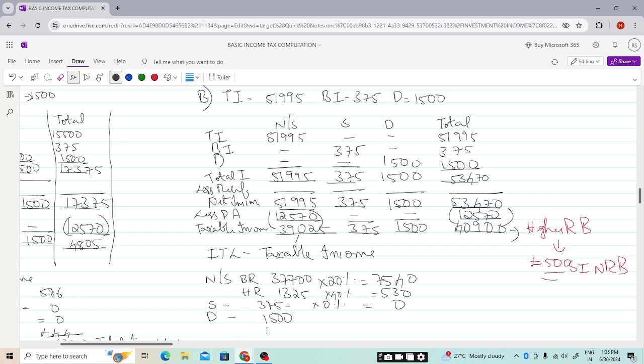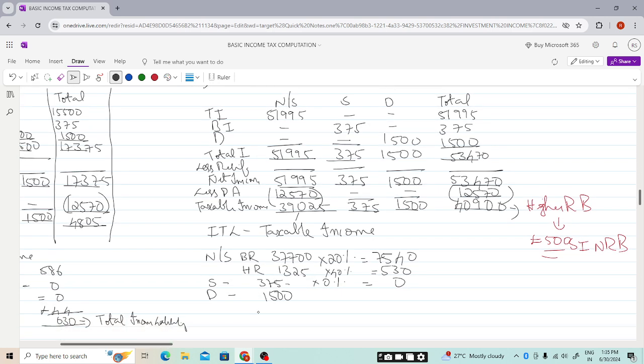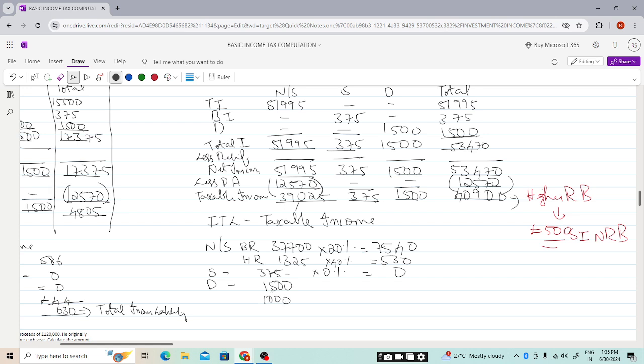In this 1500, 1000 is the dividend income nil rate band, whichever type of taxpayer he is, whether his total taxable income is falling in basic rate, higher rate or additional rate, he will be getting the nil rate band of 1000, that is 0, and the rest 500 will be taxed at 33.75% because this is within the higher rate limit. So the tax will be 169.